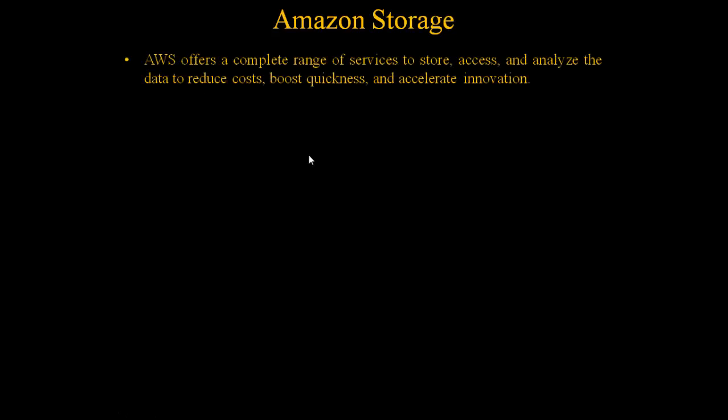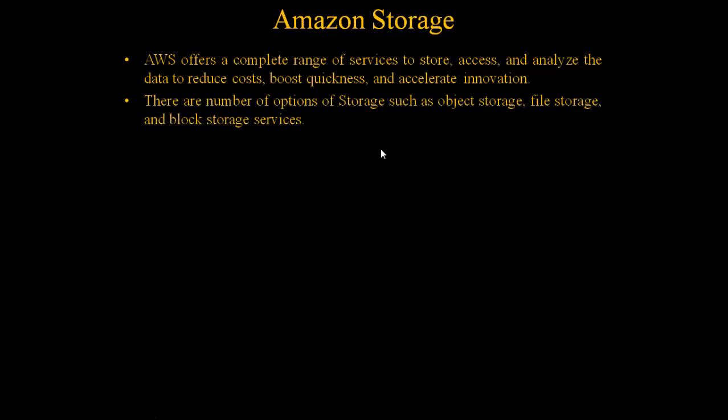The word itself says something about this AWS service: storage. Storage means we can store data inside memory. AWS provides this kind of service where we can store our data and retrieve it whenever it is required. AWS offers a complete range of services to store, access and analyze data, to reduce cost, boost quickness and accelerate innovation.